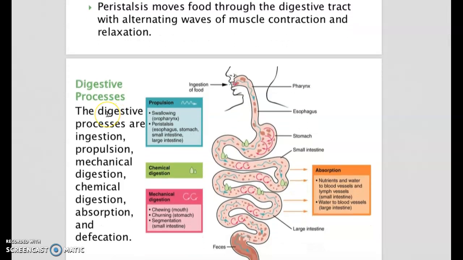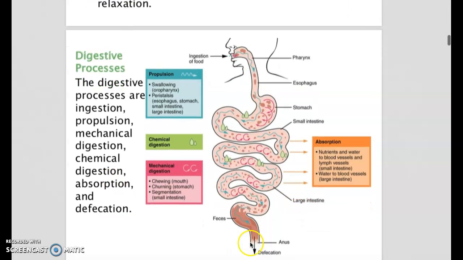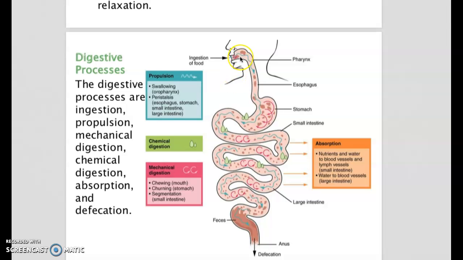The digestive process contains ingestion, propulsion, mechanical digestion, chemical digestion, and absorption, and then it leads to defecation. Propulsion starts with swallowing, and then leads to peristalsis, which goes down into the esophagus, then to the stomach, then to the small intestine, and all the way down to the large intestine.